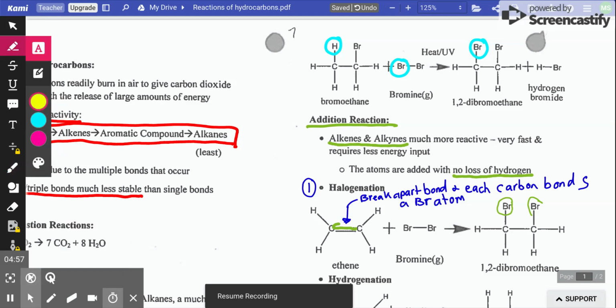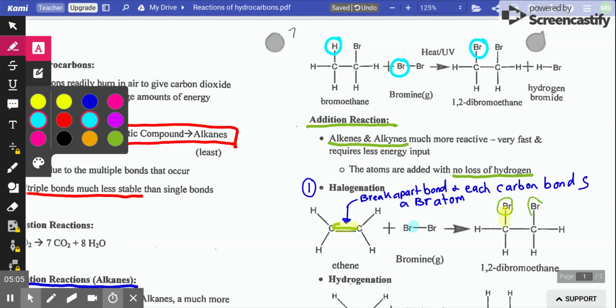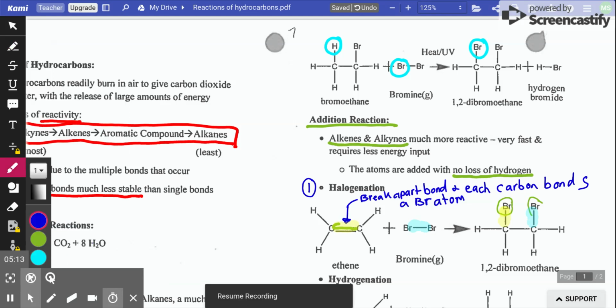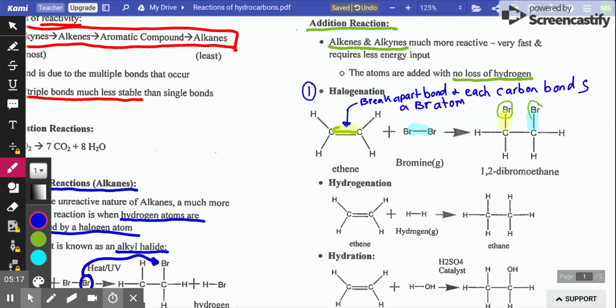So the electrons involved in this double bond that we've broken are now used to connect a bromine. And these electrons in this bond are being used over here to connect the second bromine to the other carbon atom.